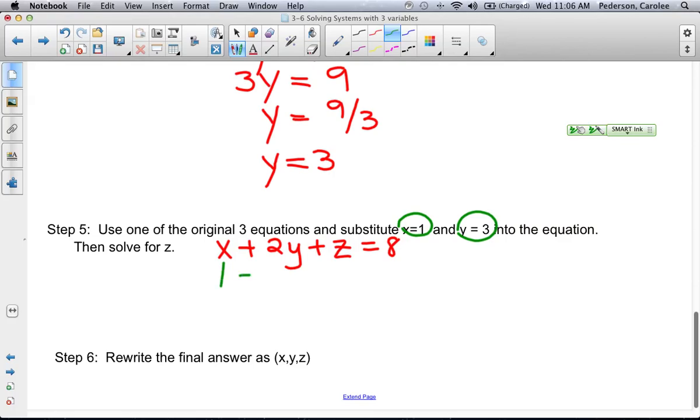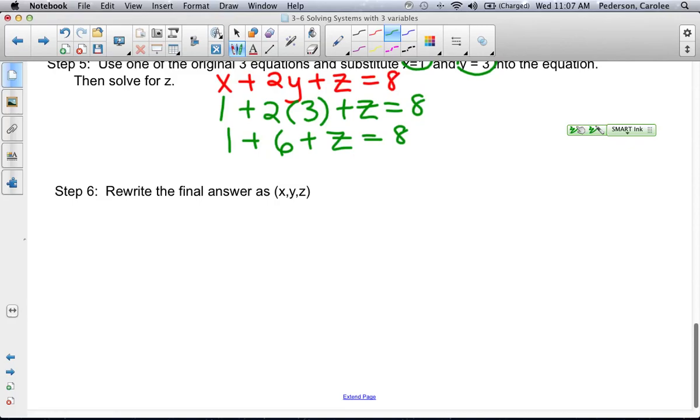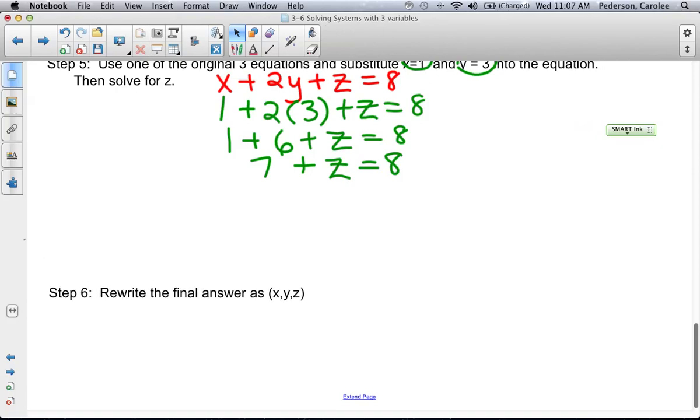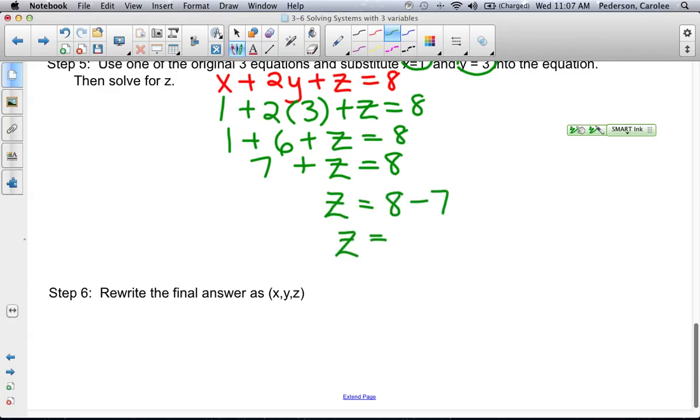So I have 1 plus 2 times 3 plus z equals 8. Now I solve for z. 1 plus 6 plus z equals 8. Adding like terms, 7 plus z equals 8. Then I subtract 7 from both sides, so 8 minus 7 is 1.